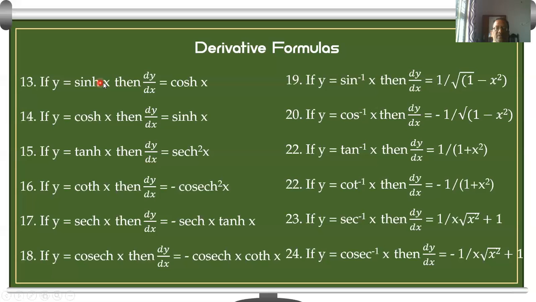Sinh x derivative is cosh x, cosh x derivative is sinh x, tanh x derivative is sech square x. After that, coth x is minus cosech square hx, sech x is minus sech x tanh x, cosech x is minus cosech x coth x. Here the first three are positive and the next three are negative.